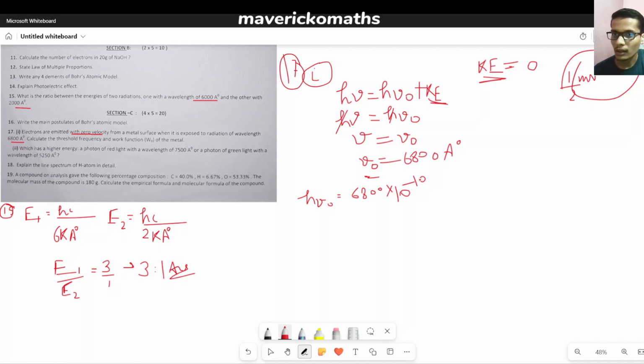Then multiply it with Planck's constant, that is 6.673 multiplied by 10 raised to power minus 34 joule second. Now h nu naught, I will leave it for you. You have to write the answer.